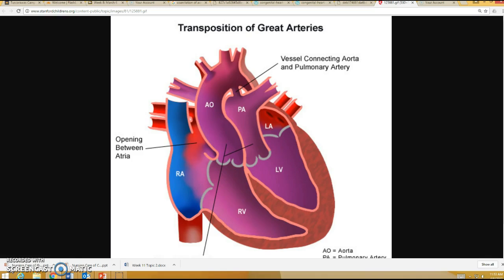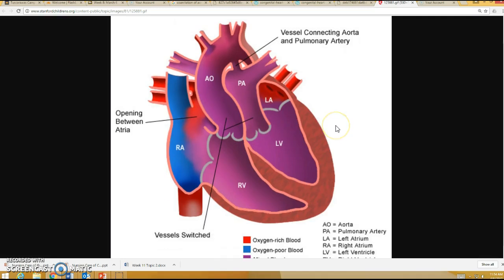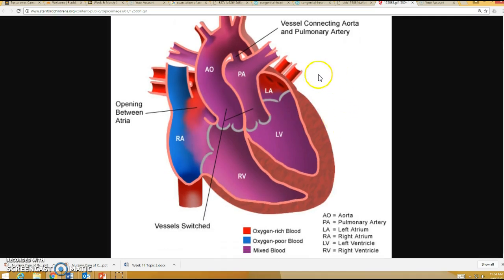But fortunately, there seems to also be a grouping of congenital heart defects that go along with the transposition of the great arteries that allow them to survive. So you'll see here we have a patent ductus arteriosus, so that allows for mixing of the blood. We also have a very large atrial septal defect, which also allows for the mixing of the blood.